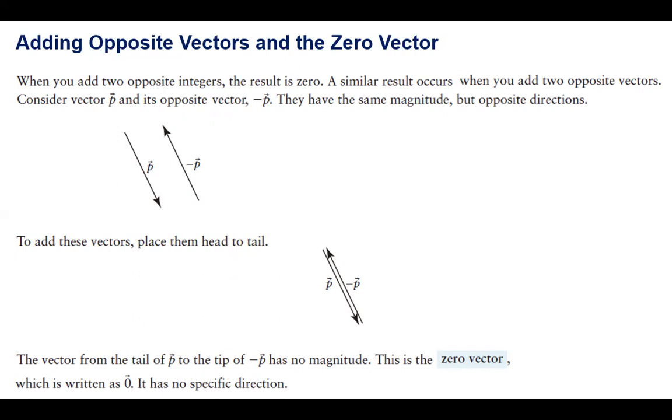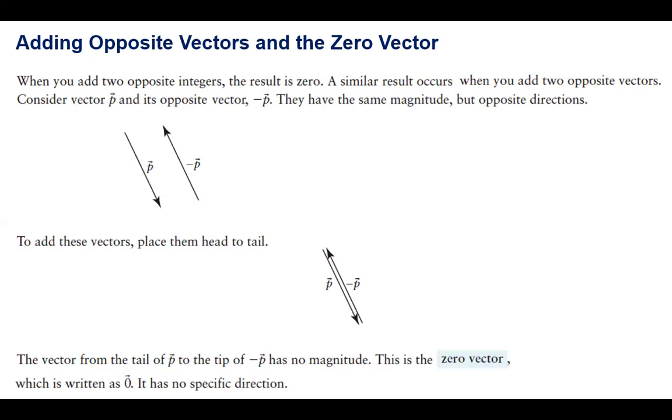The vector from the tail of vector p to the head of vector negative p has no magnitude. This is called the zero vector, which is written as vector zero. It has no specific direction, which means the zero vector can have any direction. You understand?